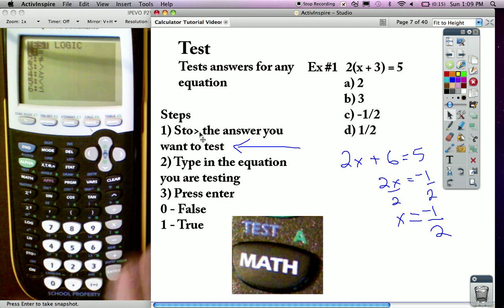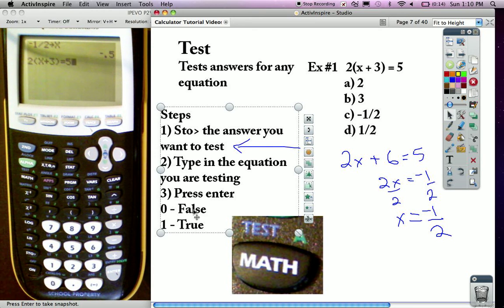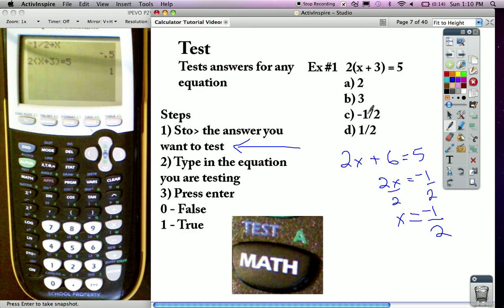I want to know if they're equal, if it's equal to 5. So when I hit enter, if it comes up as a 0, that means it's false. If it comes up as a 1, it is true. It says 1, so I know for a fact that the answer is this, and there's no need to come back and check.